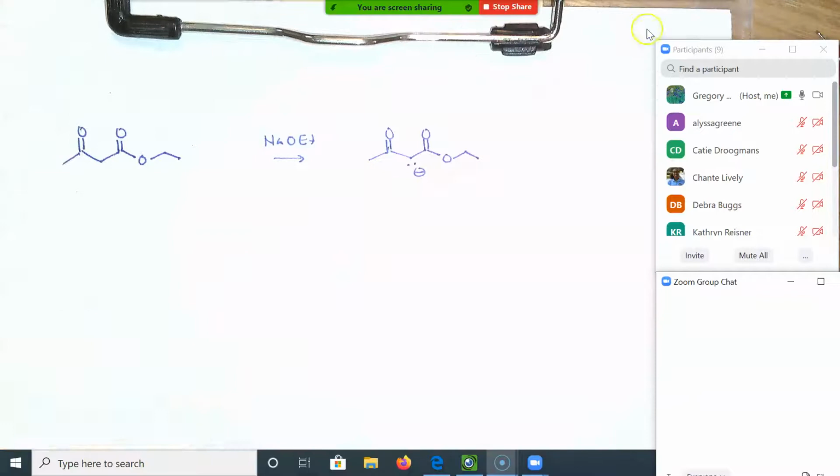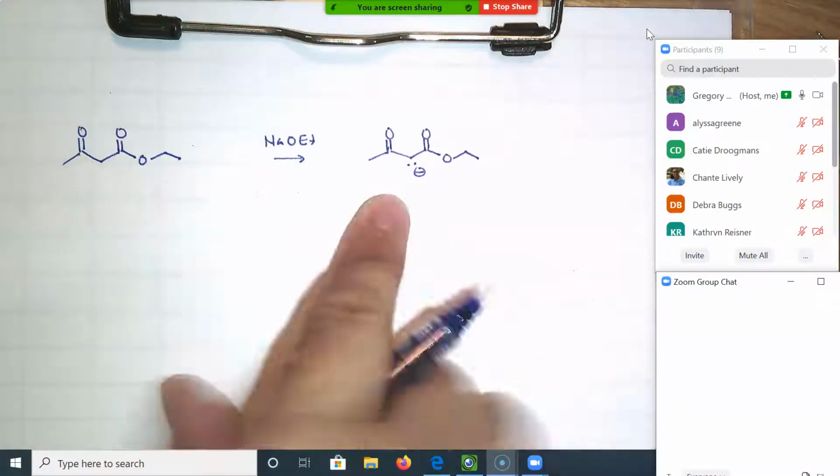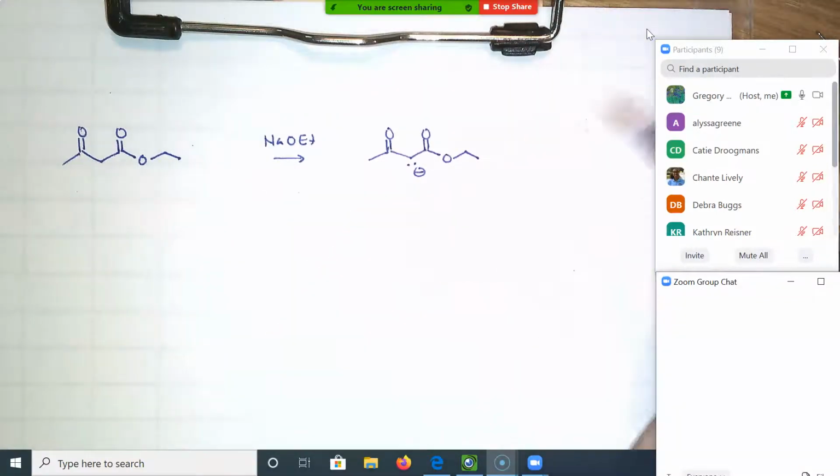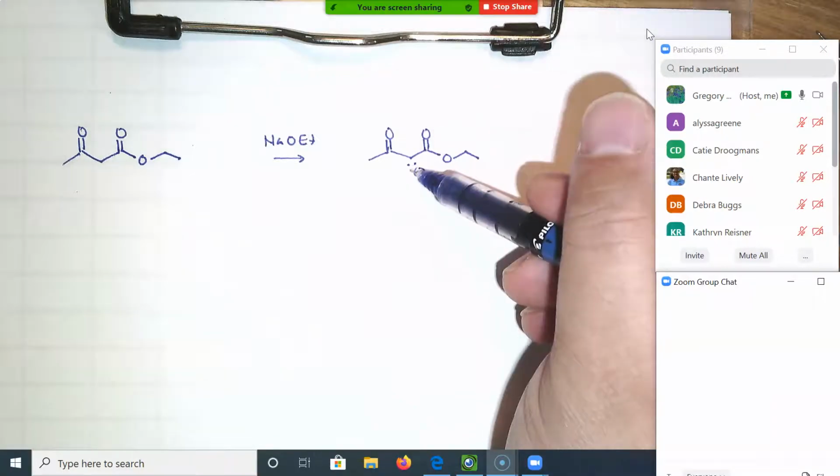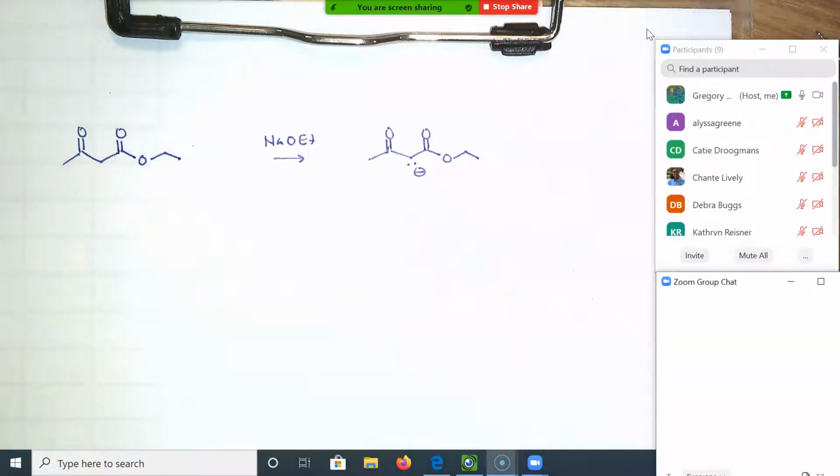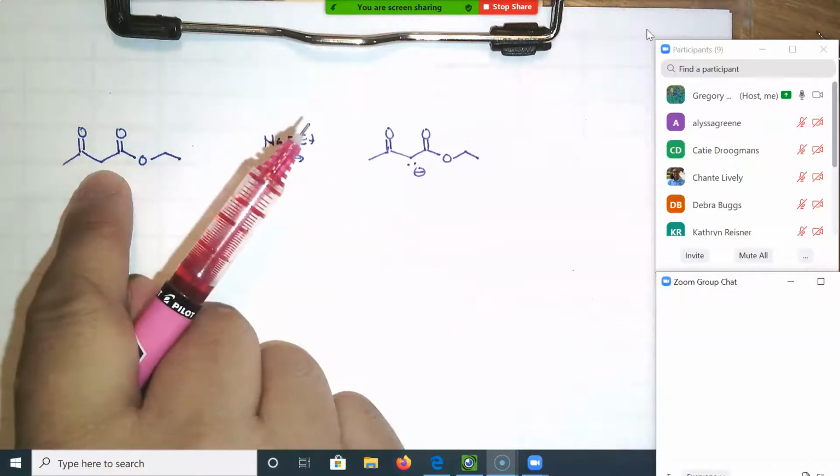That is the intermediate product for this reaction. And I know you're going to ask, well, can't that attack another one of itself? Technically, yes. But the pKa of this is so low.